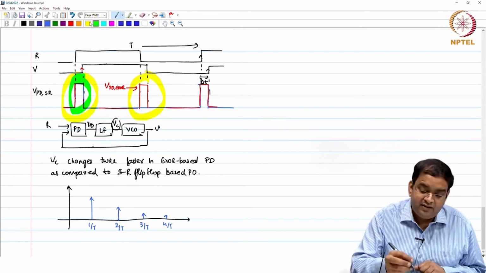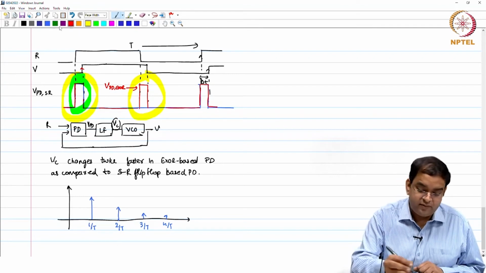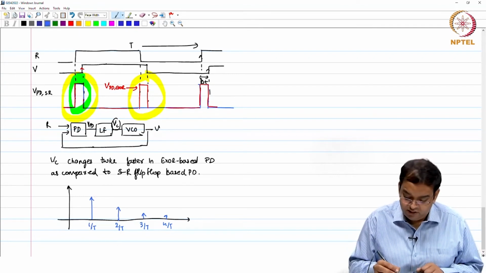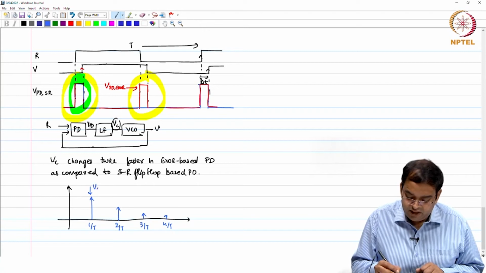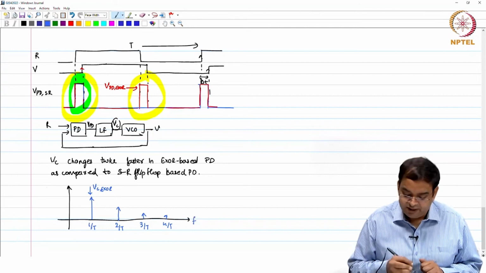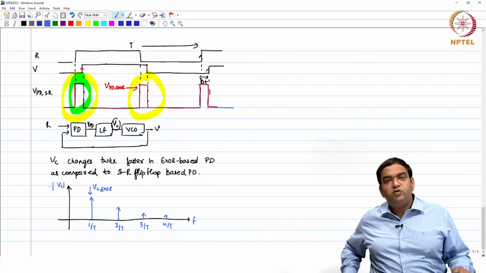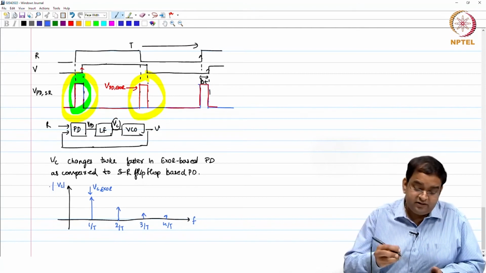Whereas, what you are going to see for V control in XOR based PD is such kinds of with respect to F. I am plotting the spectrum of the control voltage in the two cases.